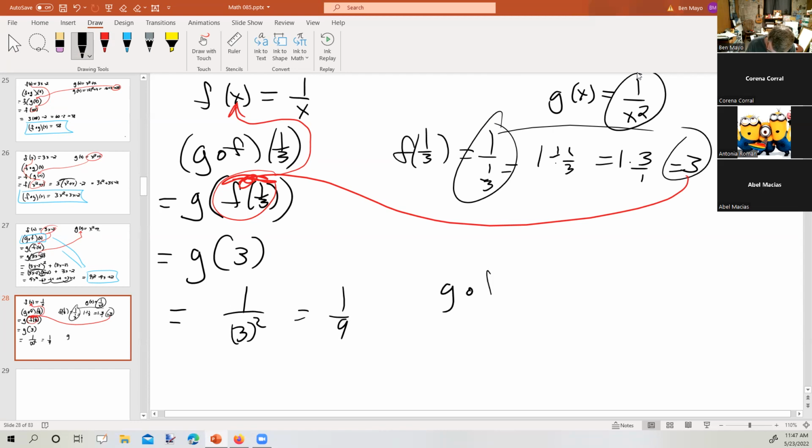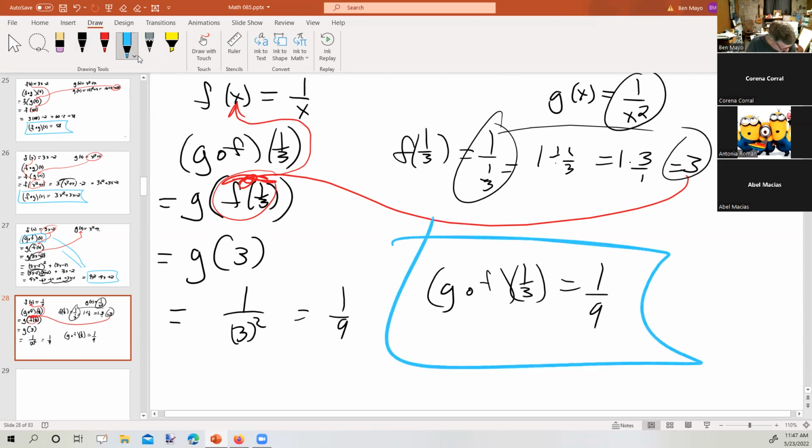So g composed with f of 1/3 equals 1/9. You okay with that? Do another one similar to this one, please?